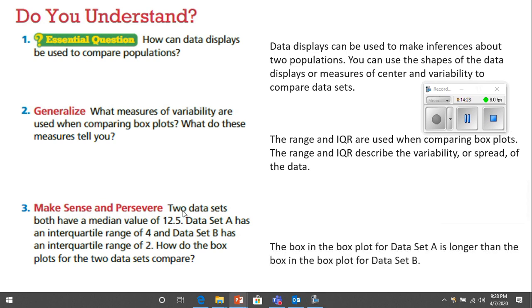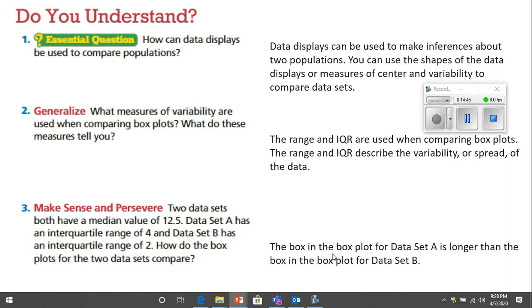And it says 2 data sets both have a median value of 12.5. Data set A has an interquartile range of 4, and data set B has an interquartile range of 2. How do the box plots for the 2 data sets compare?